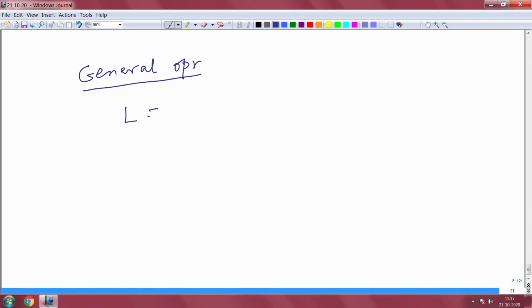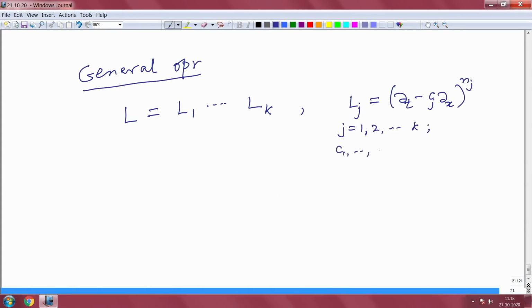So, L is equal to L1 through Lk, where Lj is this operator, Lj equal to del t minus cj del x to the power nj, j equal to 1 to k, and c1, c2, ck are real and distinct.